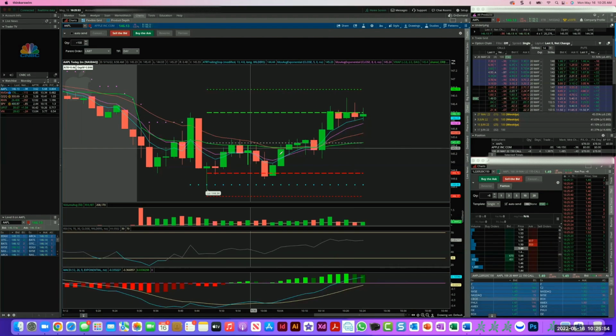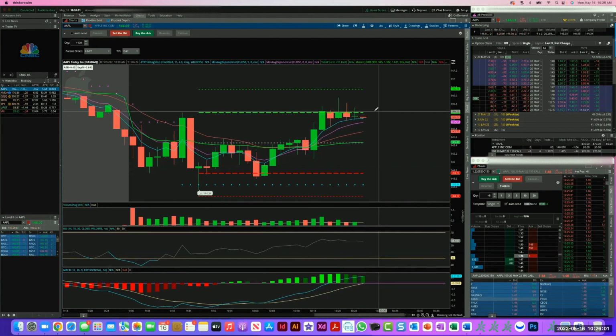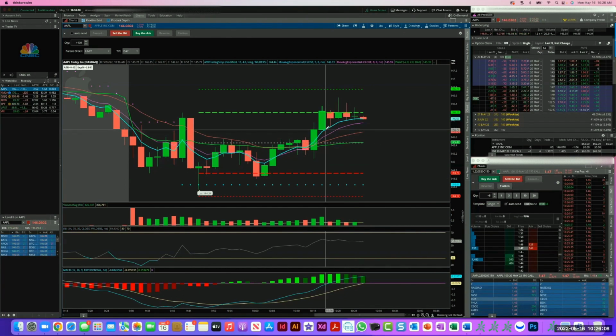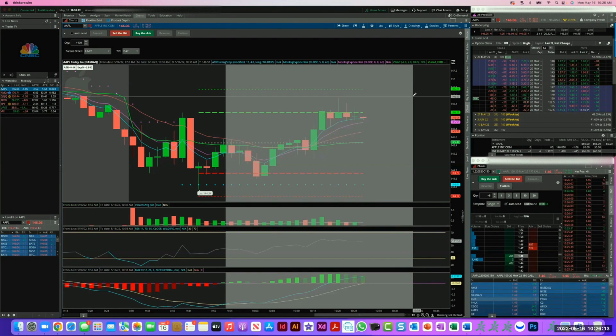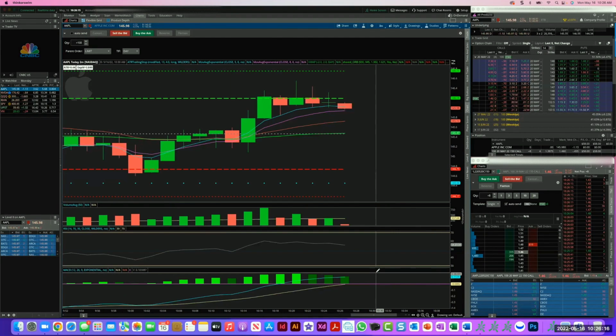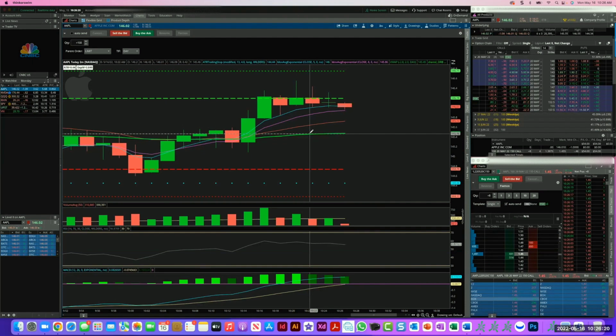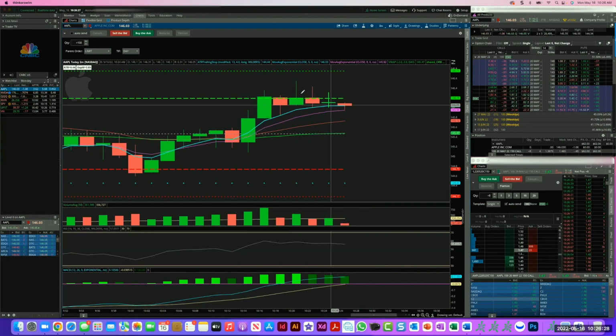All right, so we consolidated here in this area on Apple, and now we're consolidating along the opening range high. So far, we're holding on the 5-day EMA. So we will watch this carefully. We are above the VWAP, so that's positive. Shooting star, spinning top, doji.